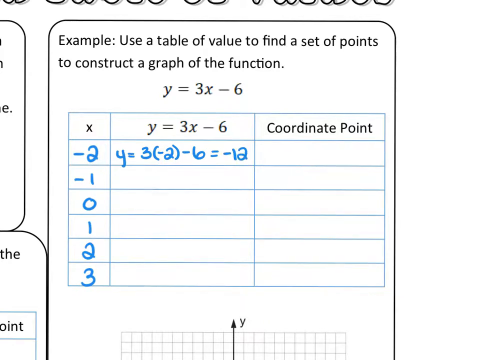So then what happens is those two values, the -2 and the -12, become the points on your graph. So in this case, -2 and -12. I'm going to do one more for now.